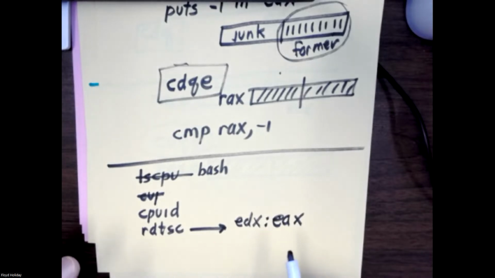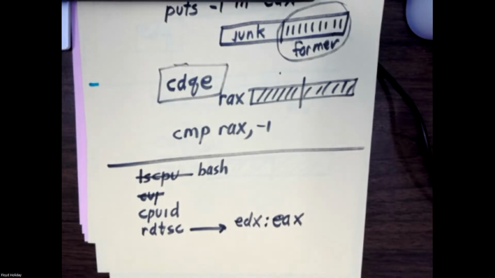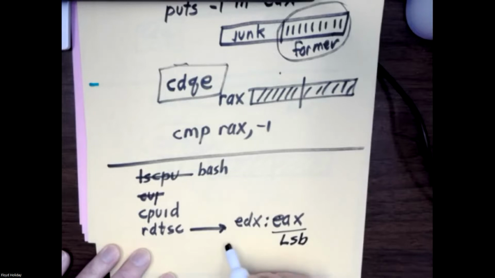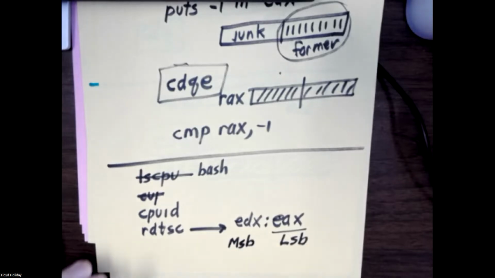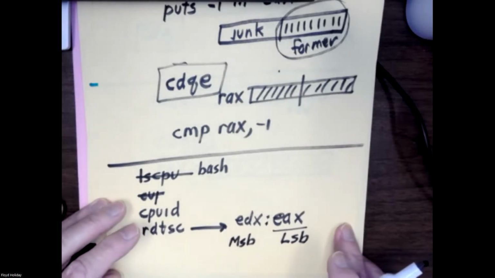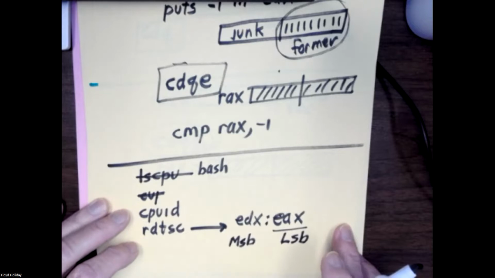It puts the number of ticks in those two registers. Least significant bits down here, most significant bits up here. And then that looks like it's already been split, but we have to put it back together.